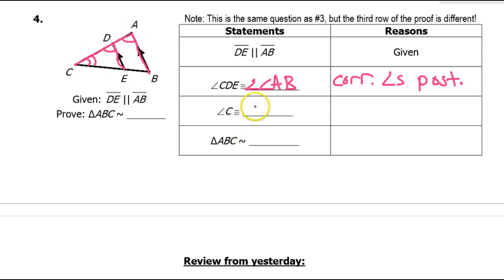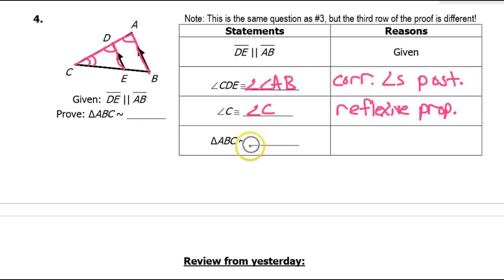Angle C is congruent to angle C. And when you have a shared angle or a shared side, that is called the reflexive property. Okay, when you get to say that an angle or a side is congruent to itself because of the way it's being shared, that's the reflexive property.